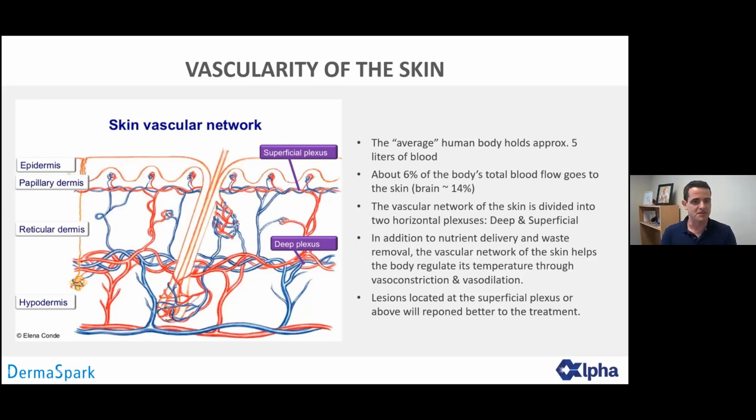Okay, so in addition to nutrient delivery and waste removal, the vascular network of the skin helps the body to regulate its temperature through vasoconstriction and vasodilation. And this is a very important mechanism of our body to help it control the core temperature of the body.